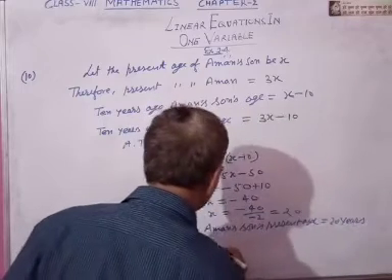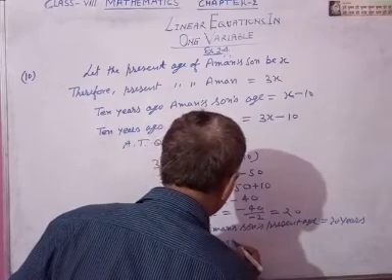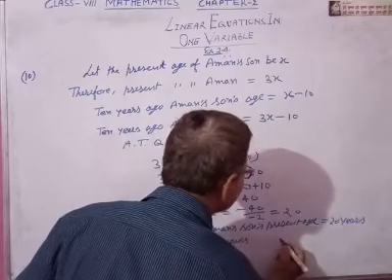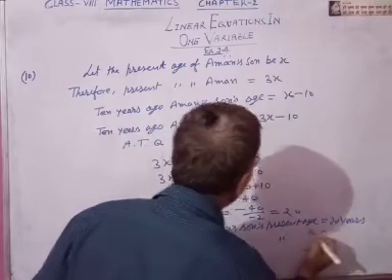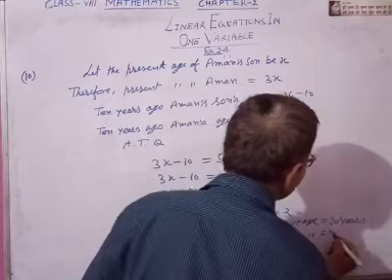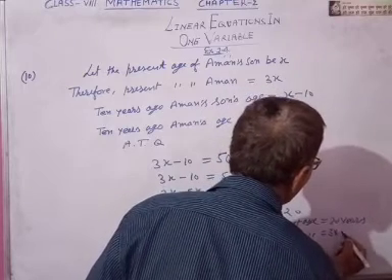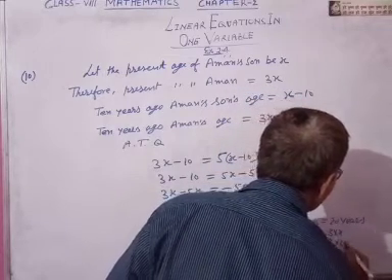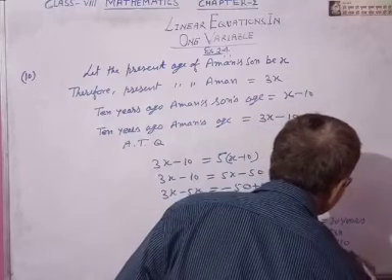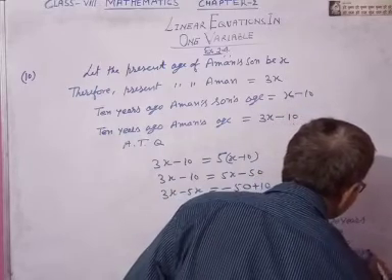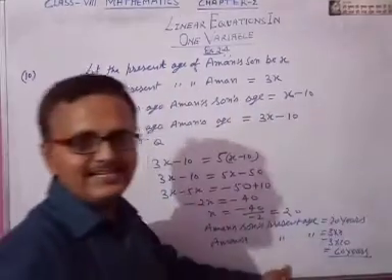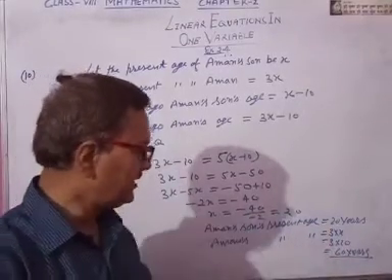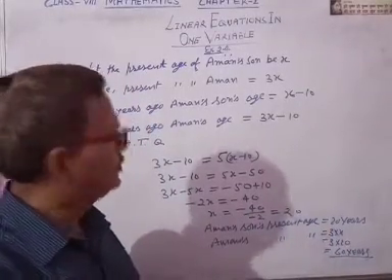Aman's present age equal to 3x, that is 3 into 20, that is 60 years. Aman's son's age is 20 years and Aman's age is 60 years.